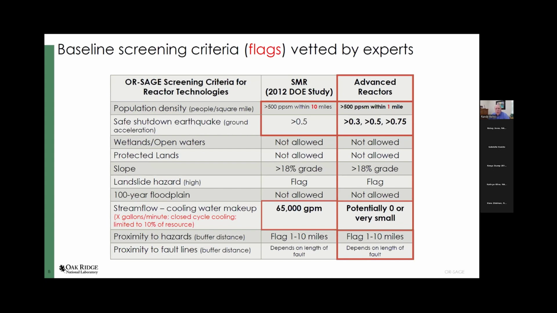We can look at water-related parameters, including wetlands, the 100-year floodplain, and the availability of makeup cooling water if a technology needs makeup cooling water. We can look at geographic issues, including safe shutdown earthquake, identified faults, slope, and the landslide hazard. And finally, we can include land that's been set aside for the public good, labeled on this list as protected land, and land that includes hazardous operations such as commercial airports, military bases, oil rigs, that kind of thing.